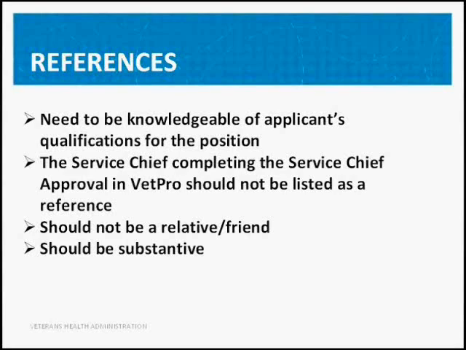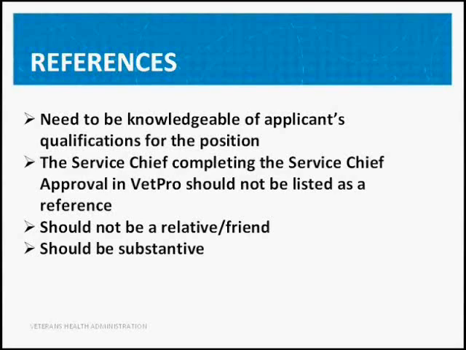they should provide you documentation of the call, which needs to be signed and dated and scanned into VetPro with the original response. If you make the call at the direction of the selecting official, you too must document the call, being sure to sign and date your documentation of the call and what the reference said when you spoke with them.